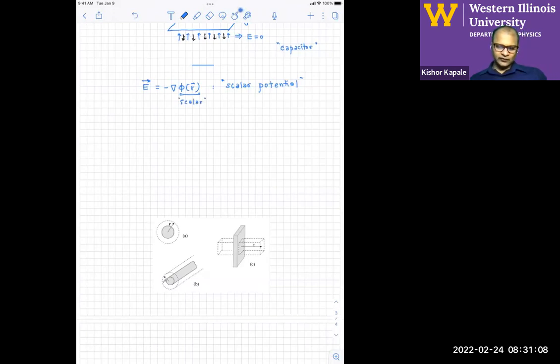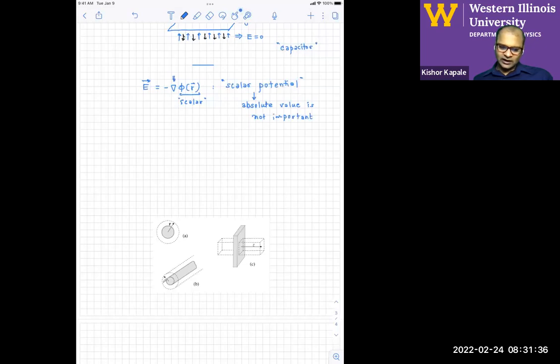Now, the thing with the scalar potential is its actual absolute value is not important. What we care about in any physical situation is that it has the right kind of derivative.